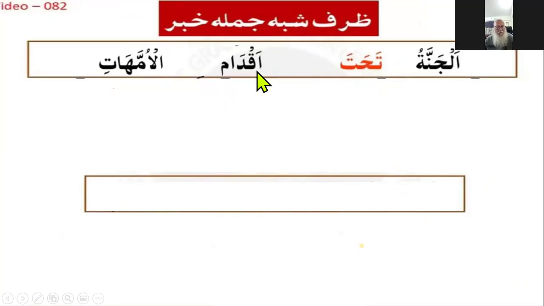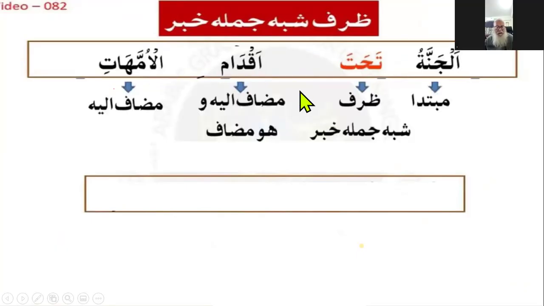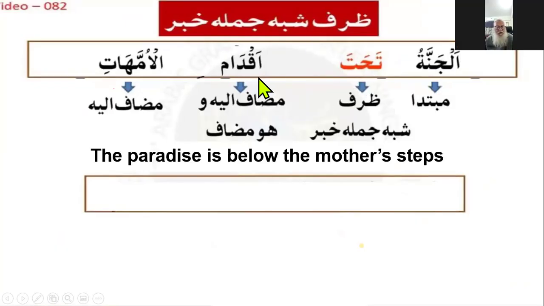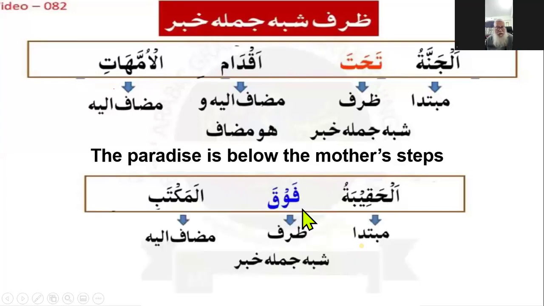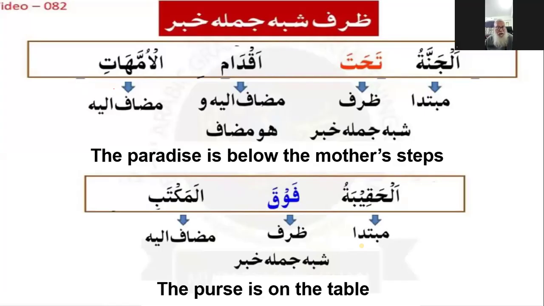Aqdami mudaf ilayh. And ummahati again mudaf ilayh. So this become zarf shibe jumla khabar. Al-hakibatu fawqal maktabi. Al-hakibatu mubtada. Fawq zarf. Al-maktabi mudaf ilayh. So mudaf ilayh coming as a khabar. Shibe jumla khabar.